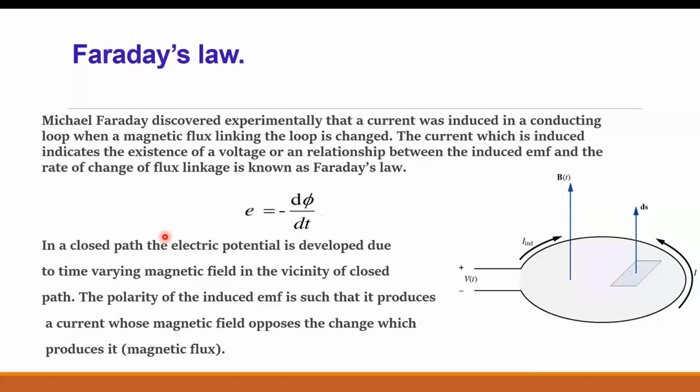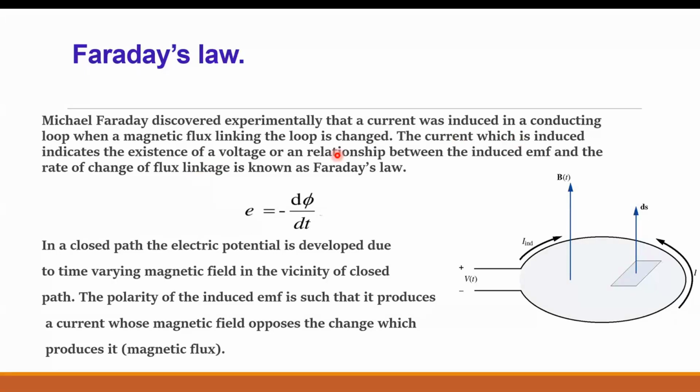That induced EMF is given by Faraday's law. Faraday discovered this experimentally, and the induced EMF allows some current to flow in the closed path. So we are going to relate all these things together. Michael Faraday discovered experimentally that a current was induced in a conducting loop when the magnetic flux linking the loop is changed.